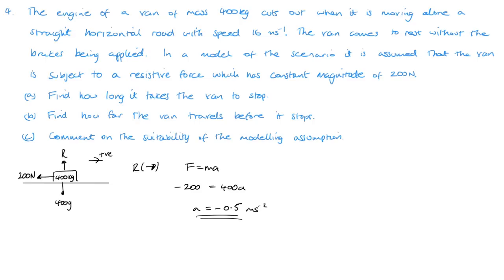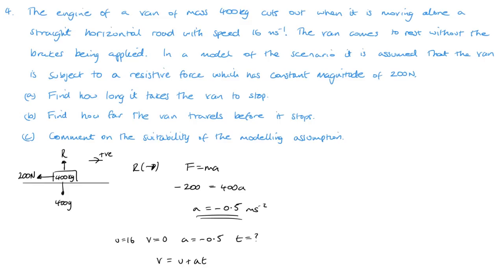Now, my second step is to put down what I know. V equals 0. I know U is 16. A is minus 0.5. And we need to find how long it takes, so we need T. So V equals U plus AT.